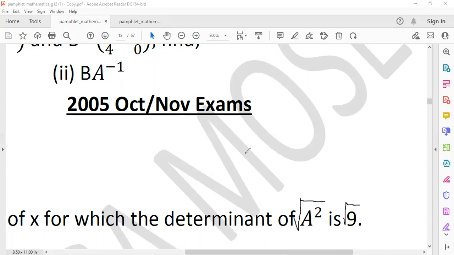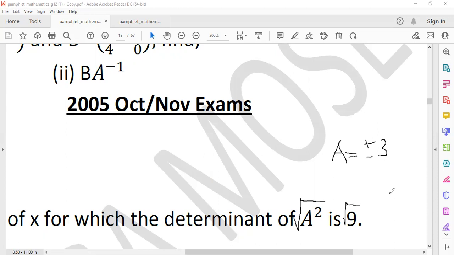That means the determinant of just a must equal positive or negative 3. Why?